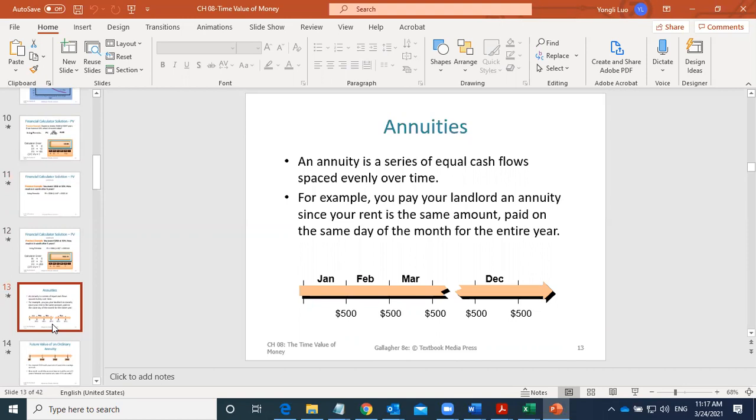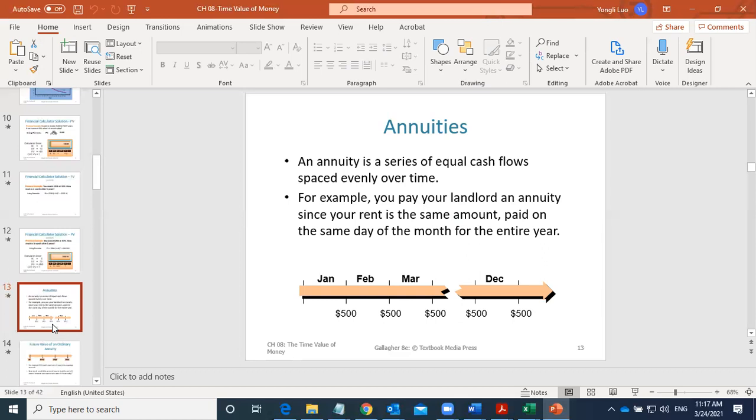You have to do it multiple times. For example, you pay your mortgage, right? You pay your mortgage multiple times. You pay your tuition every semester, right? So all those things happen, it's not just one time.